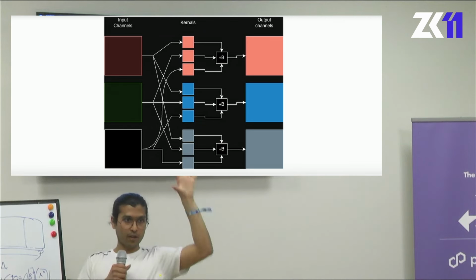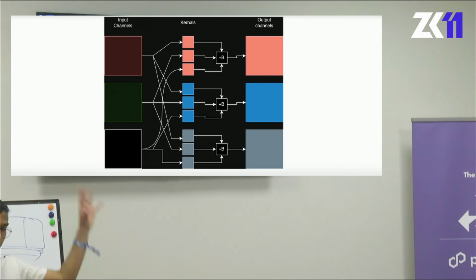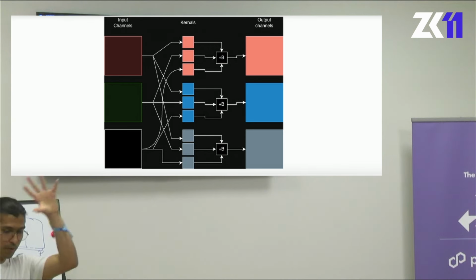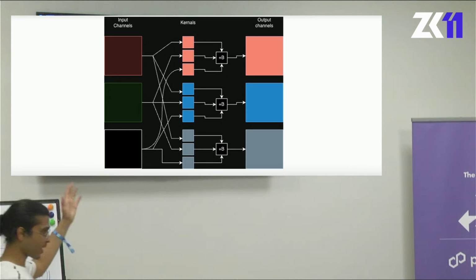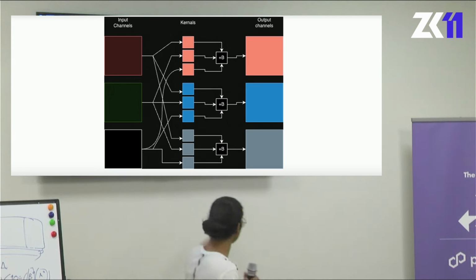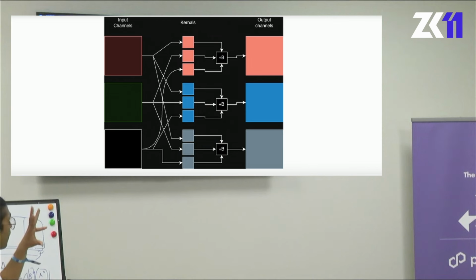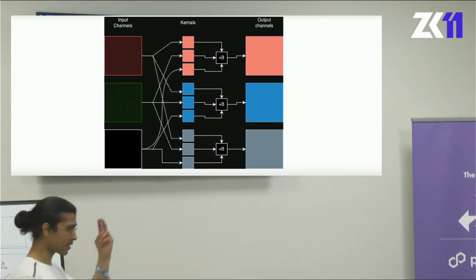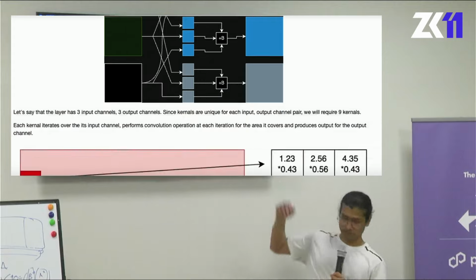And it turns out using CKKS you can do this using a single negacyclic multiplication. You can encode input channels inside a CKKS plaintext at certain indices such that a negacyclic multiplication would give you a convolution operation. So a single negacyclic multiplication can give you the output channels.